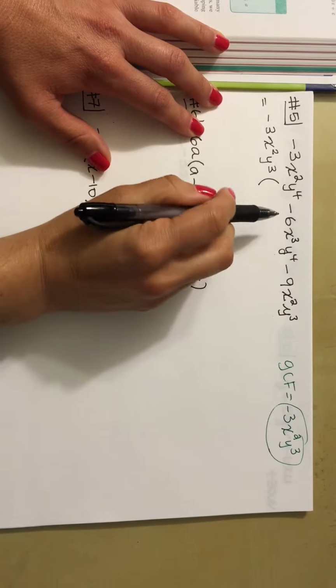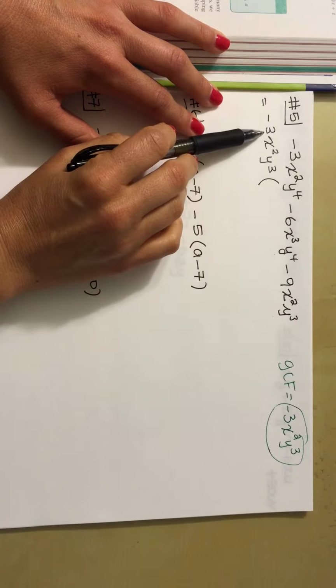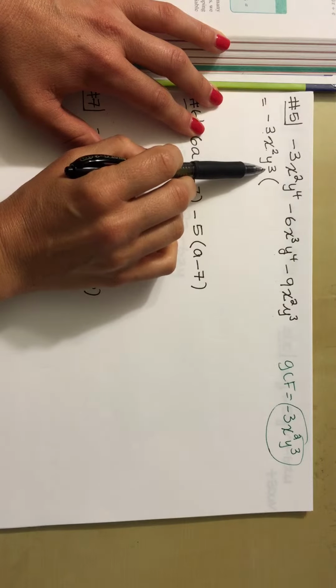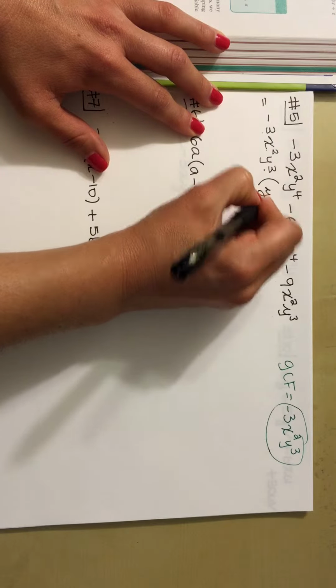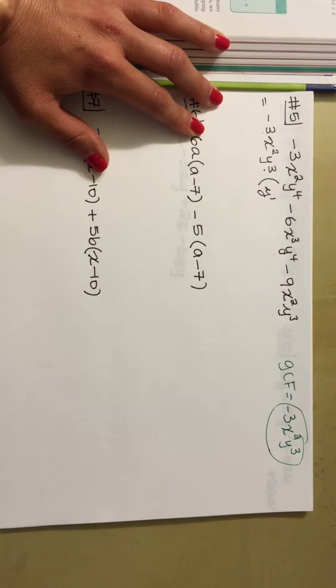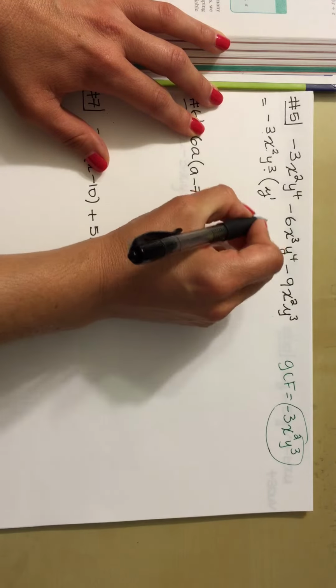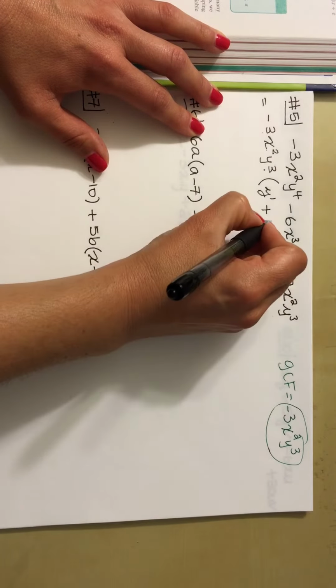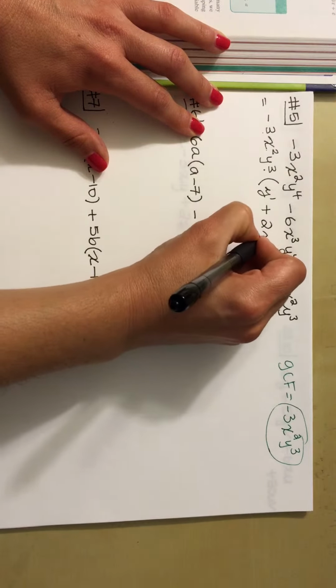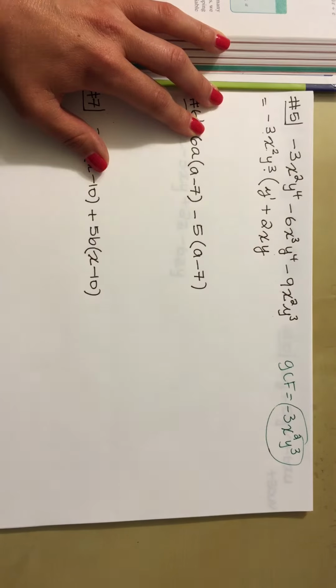So when I factor out a -3 x squared y cubed, for the first term, we're just left with y to the first. Okay? Now, since I factored out a negative GCF, the signs change. This becomes plus 2xy.